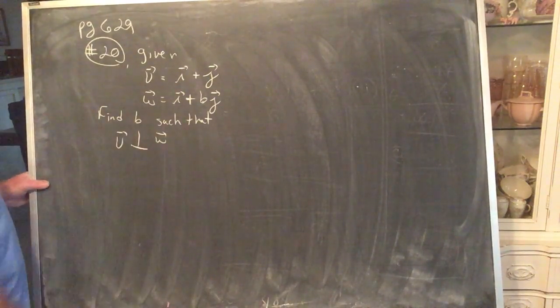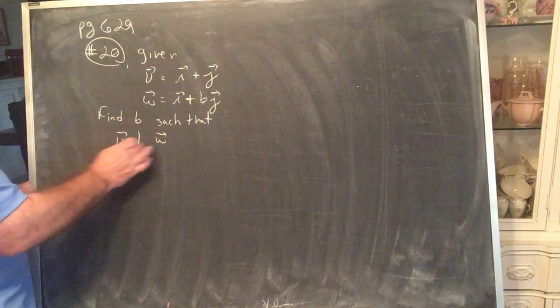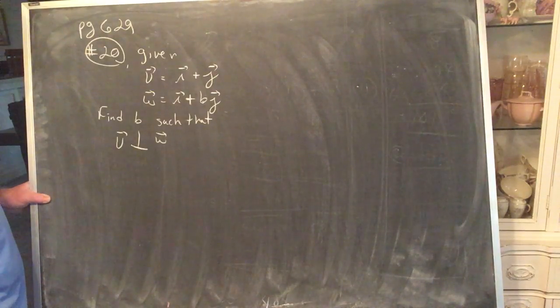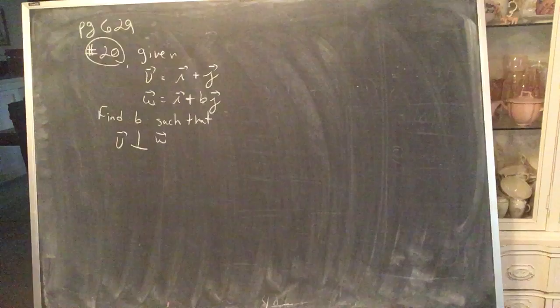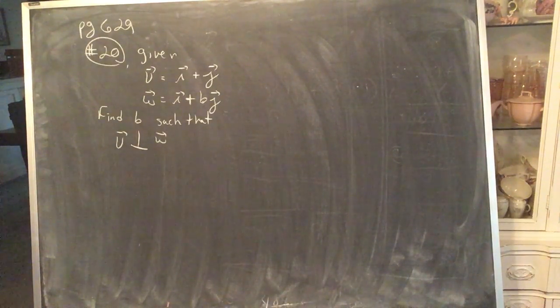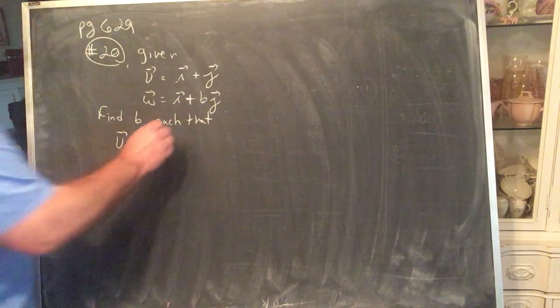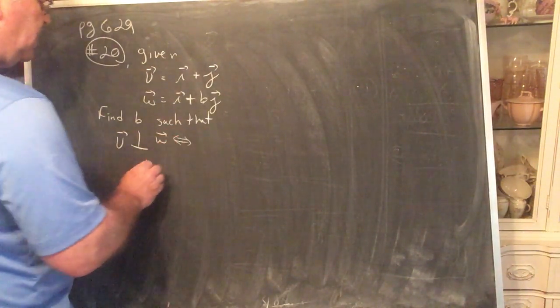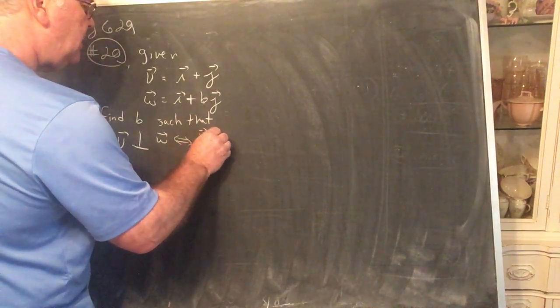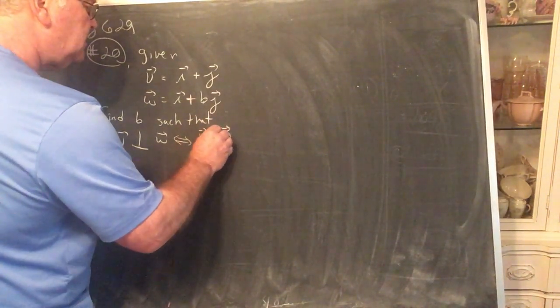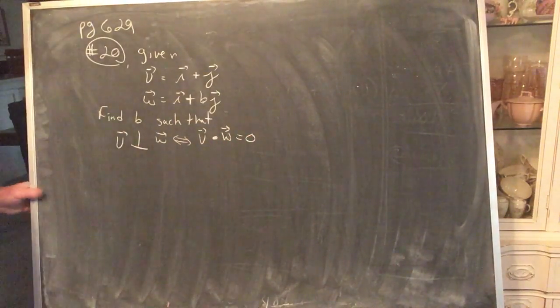Well, what is required for the vectors to be orthogonal? What's required for two vectors to be orthogonal? Yes, that means they meet at right angles, but what does that mean computationally? The rule we had from our previous work is vectors are orthogonal if and only if their dot product is equal to 0.